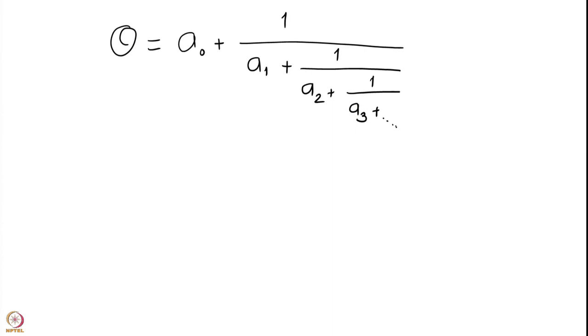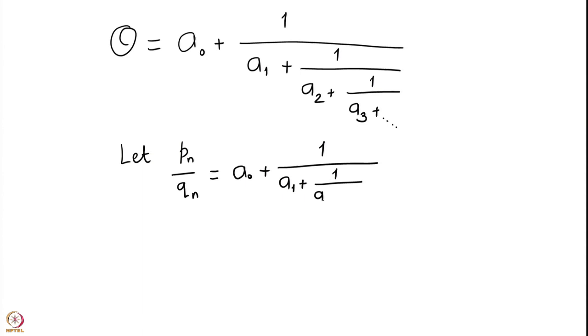If you cut it at any finite stage, we call it the convergent. So, I cut it at the nth stage, I do not take the whole continued fraction expansion going all the way to infinity, but we cut it at the nth stage.